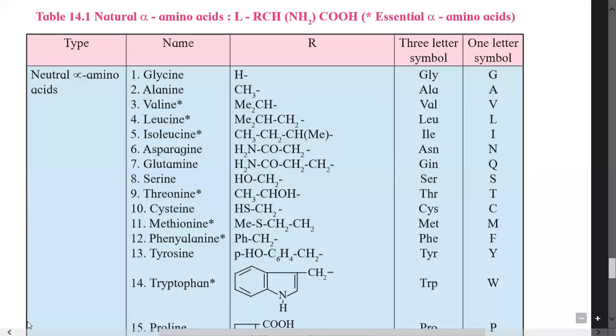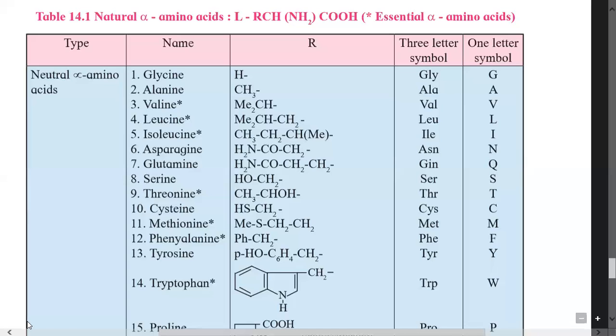Here I is from iso, L is the small letter from leucine, and E is the next letter after L. So ILE, and the 1-letter symbol is I.